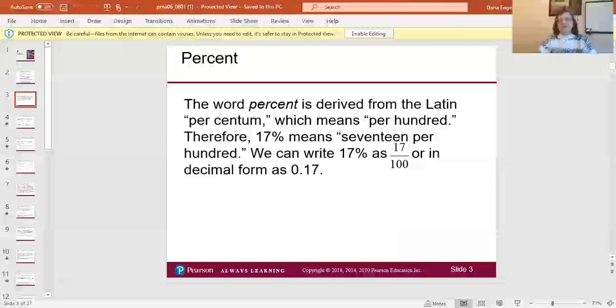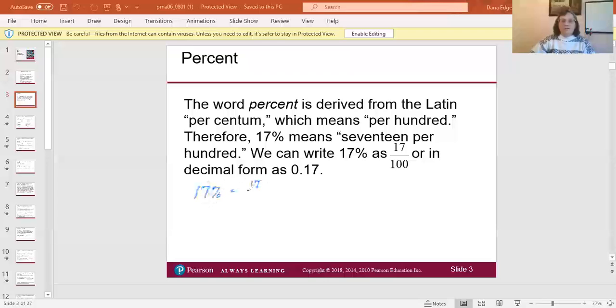That's why in decimal form, we always move the decimal over exactly 2 places. So as in this example here, 17% means 17 out of 100, which in decimal form would be 0.17.